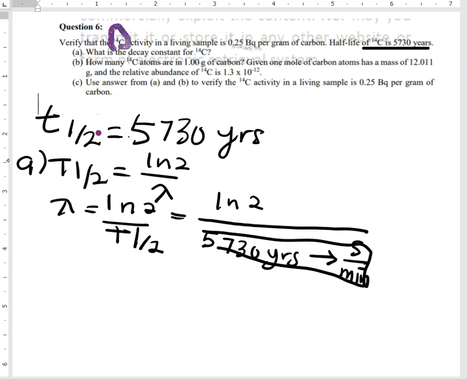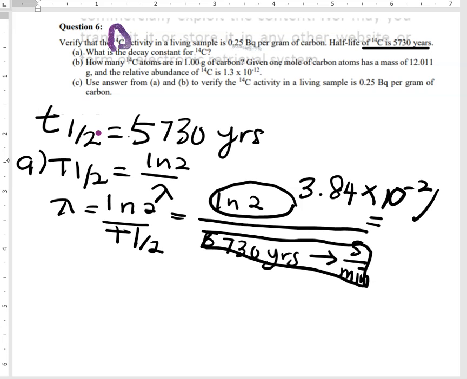Change this as usual, then divide ln 2 by it, and you will get your decay constant, which is equal to 3.84 times 10 to the power of -12 per second. So this is your decay constant. This is the answer for question A.